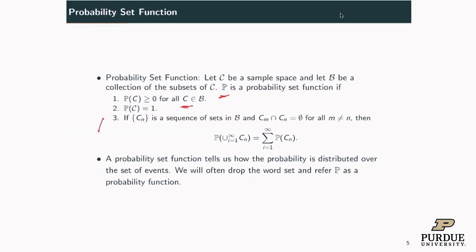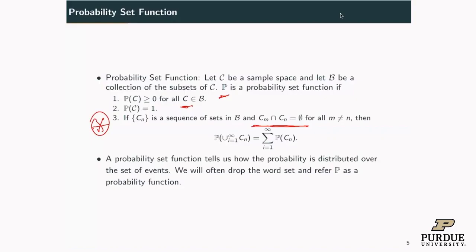So this is a very important property. But you need to be careful. The intersection must be empty, with no overlap. If this is true, the probability of the union is equal to the sum of the individual probabilities. If a set function satisfies these three conditions, we call this set function a probability set function.